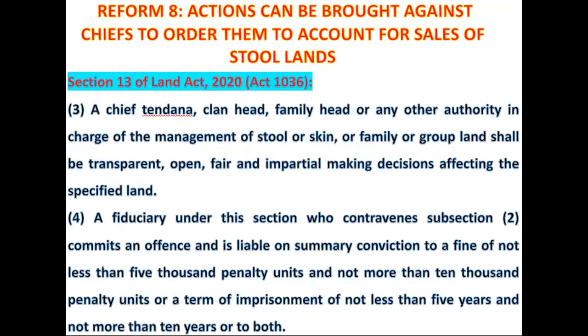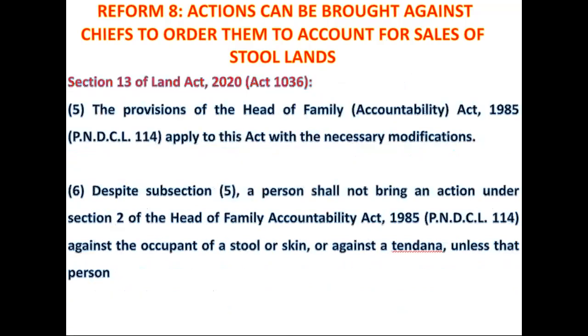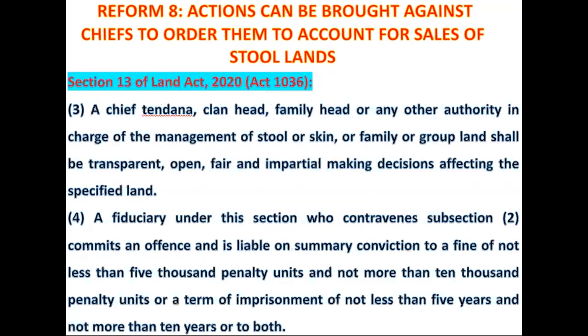And it goes ahead to say under subsection 5 that the provisions of the Head of Family Accountability Act of 1985 shall apply to this act with the necessary modifications. Meaning that now, under the act, we have mentioned in section 13 that the chief is accountable.